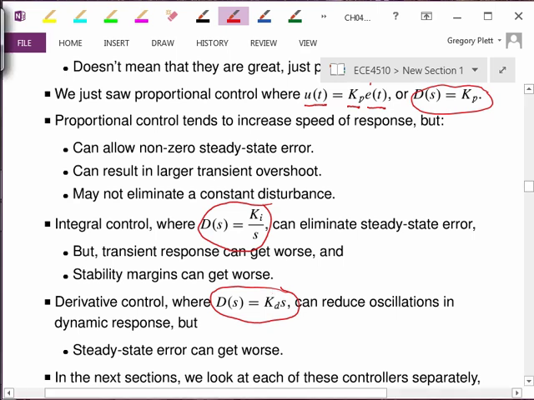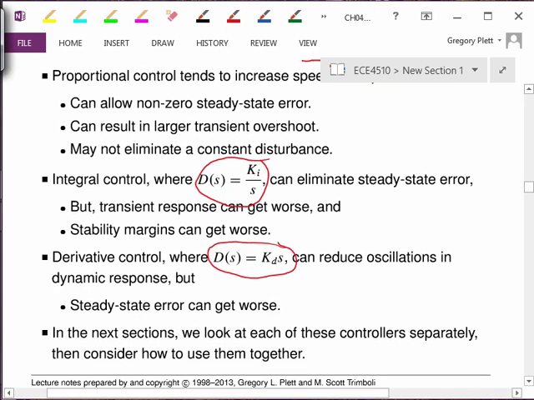So in later sections, we're going to look at each of these controllers separately and how to use them together. And the first one that we look at is the proportional controller that we've done over and over again, but we're going to look at it in a slightly different way, and that's going to help give quite a bit of insight, I think.